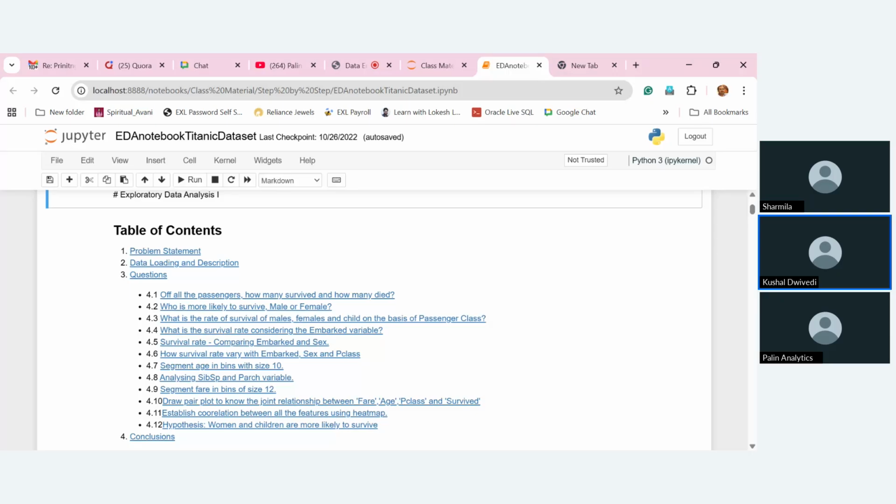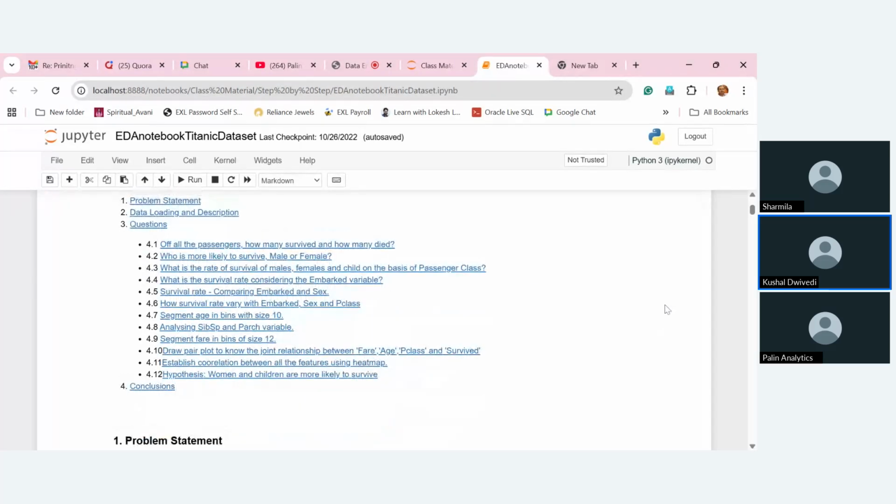Those things together form a persona about the customer, which together are going to decide whether the loan is to be given to this customer or not. Okay, so here is where EDA comes in.